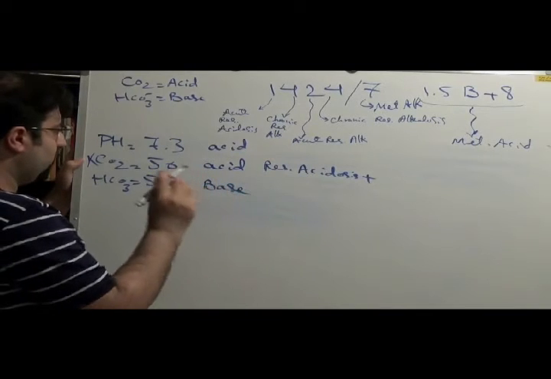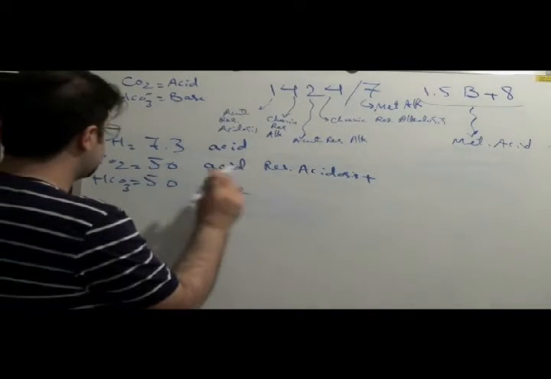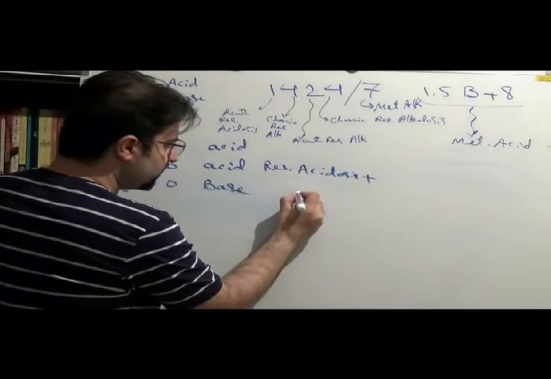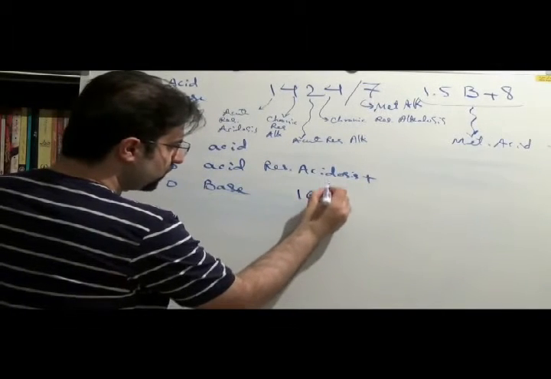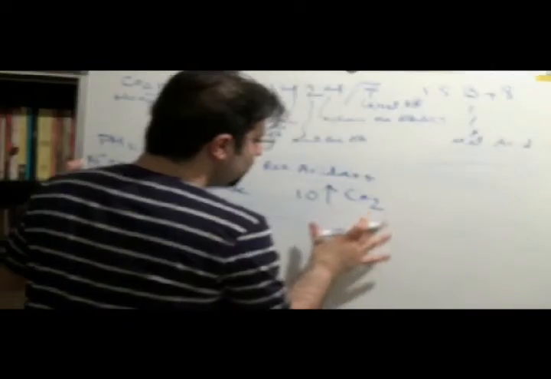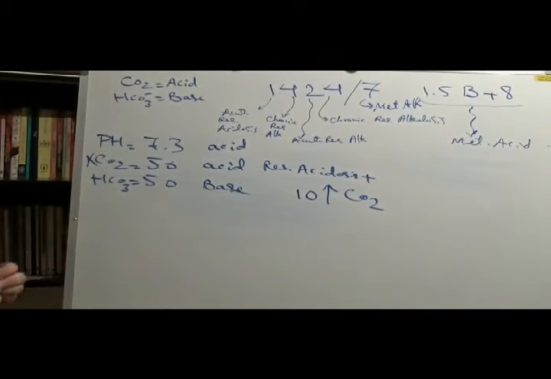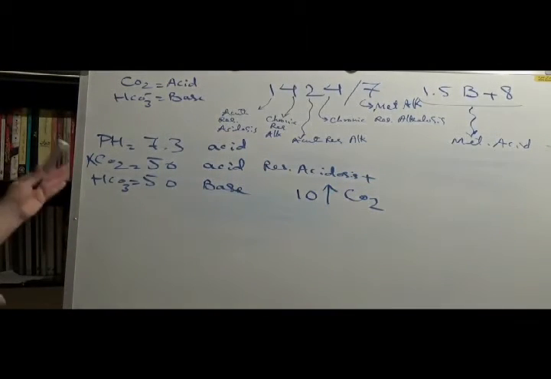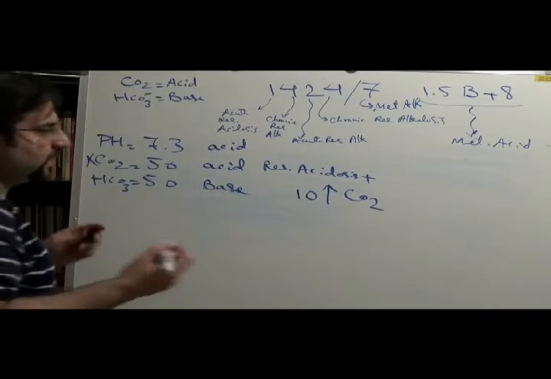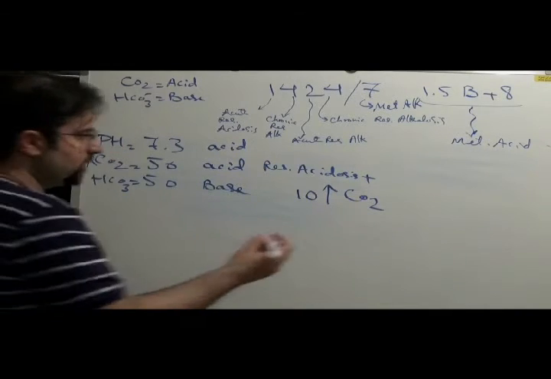Okay, we have a 10-point increase in CO2. As we said, when we have an increase in one character, we have to increase in another character. This is the way compensation goes.